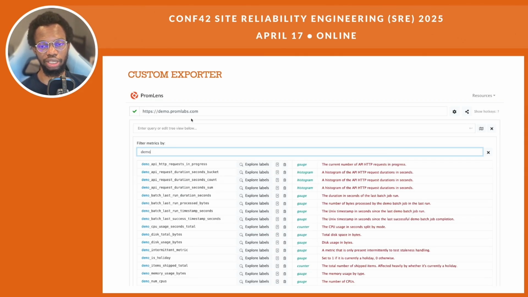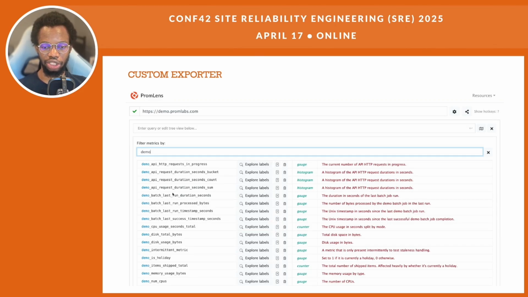In those cases, you would come up with your own custom metrics describing the different states or events in your service. The demo Prometheus instance on PromLabs runs a service called the demo service, and the demo service exposes the following custom metrics, which is what we're basing the next set of questions and interactions with PromptChat on. A couple of interesting ones that you see is that there are batch jobs.